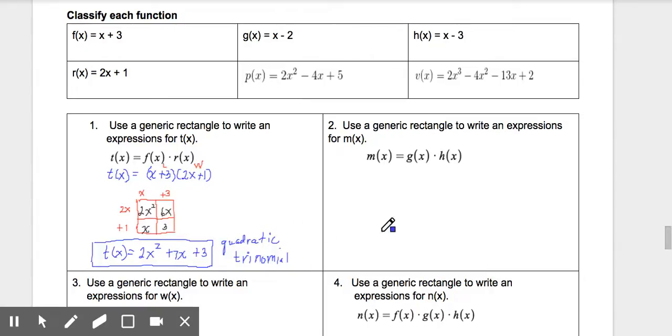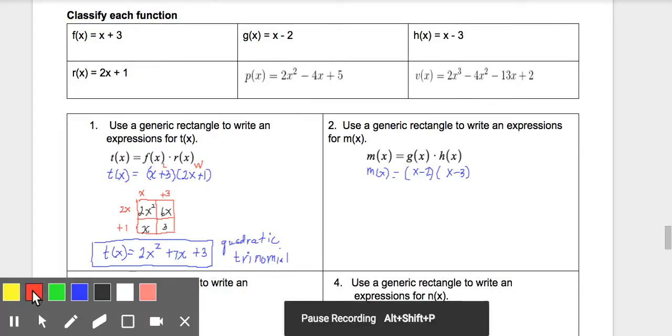All right, number 2, m of x equals g of x times h of x. So let's rewrite this. M of x is equal to g of x, which is x minus 2, times x minus 3. So again, we're going to use a generic rectangle.